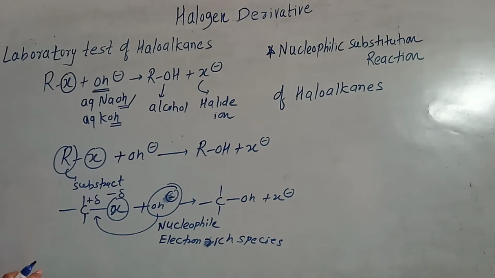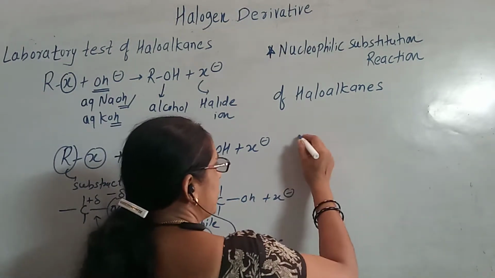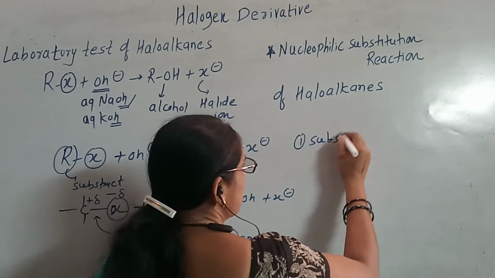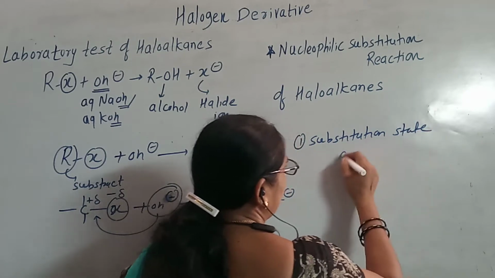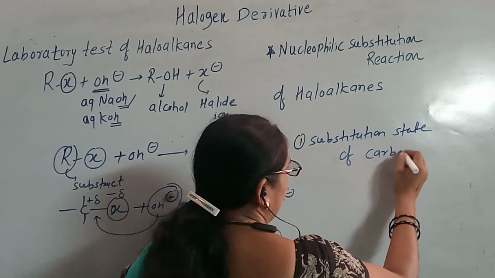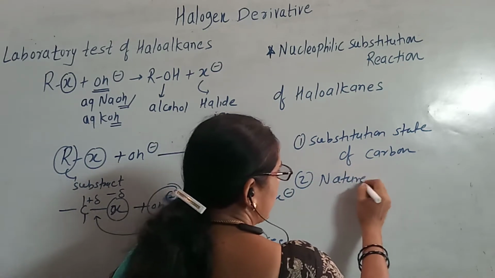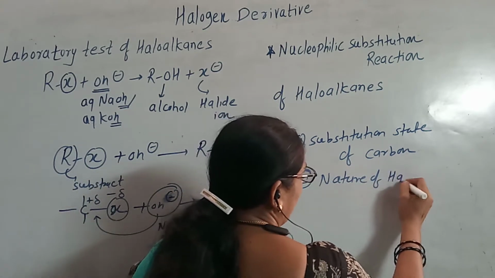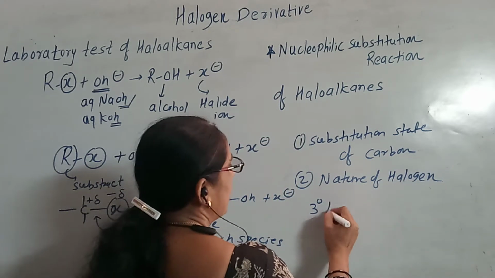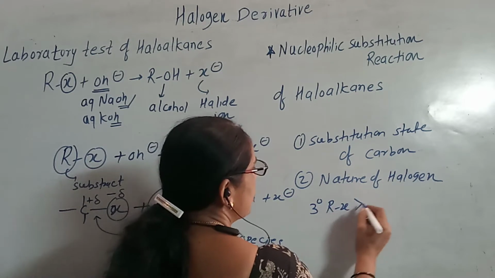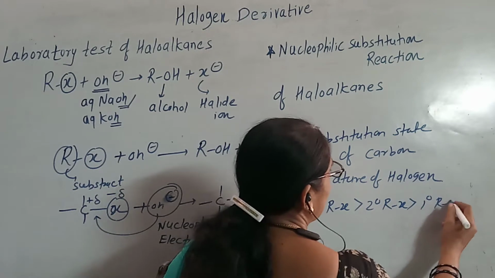Nucleophilic substitution reaction depends upon two factors: first, the substitution state of the carbon, and second, the nature of the halogen. Considering the substitution state of the carbon, the order of reactivity is tertiary alkyl halide more than secondary alkyl halide, more than primary alkyl halide.